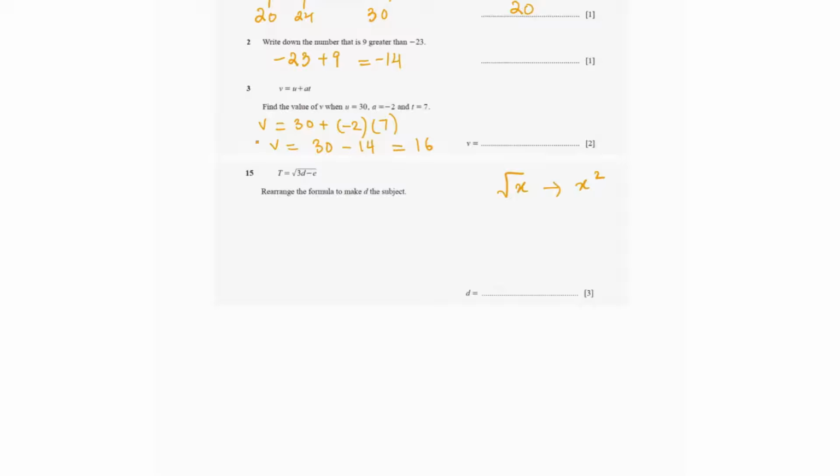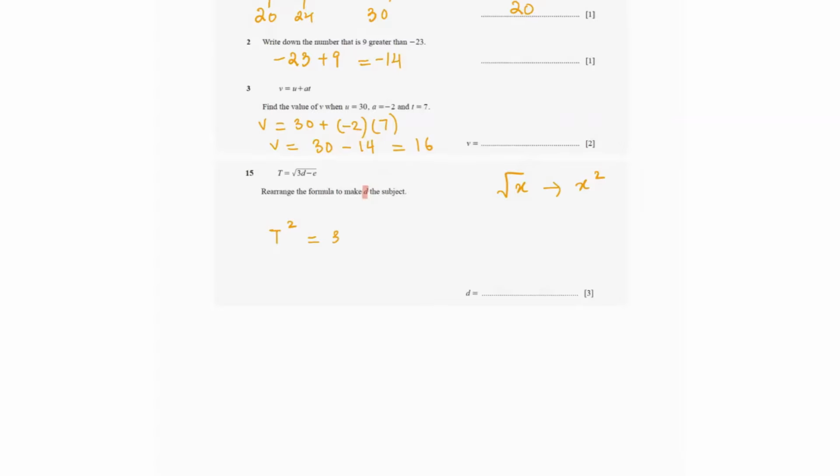So in rearranging the formula, we are changing the subject of the equation. Over here, you can see that they're asking us to make d the subject. So to make d the subject, you have to make sure that d is isolated on one side. It's alone on one side. For that, we have to get rid of the square root first. So to get rid of the square root, that means we will square it, because when you take the square root to the other side, it does the opposite thing.